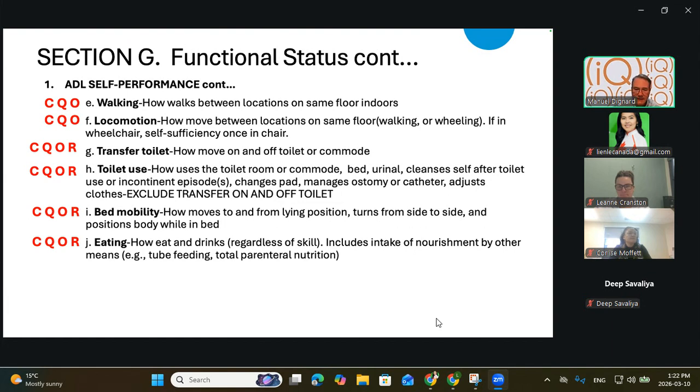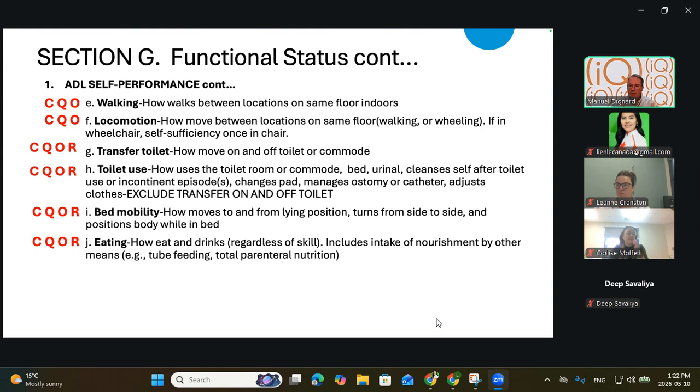And then we have eating. So it refers to how the resident brings food and drinks to their mouth. So when we think about it, right, it's really a feeding ADL more than an eating ADL. But anyway, it's called the eating ADL.